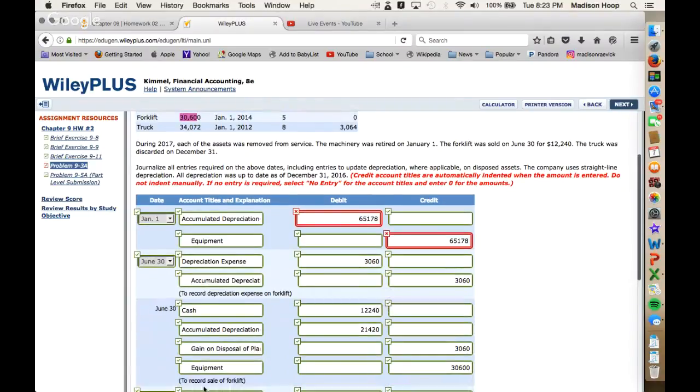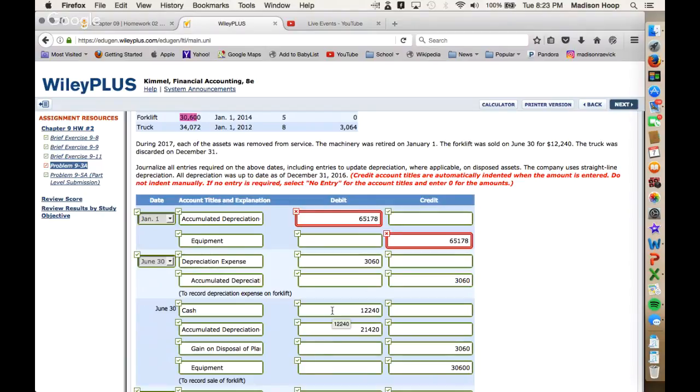Now, we need to record the sale of the forklift since we did sell the forklift. If you look in the book on page 438, it gives us a rundown of how to do the gain and the loss on equipment. For the cash, we debit the amount that it was sold for.